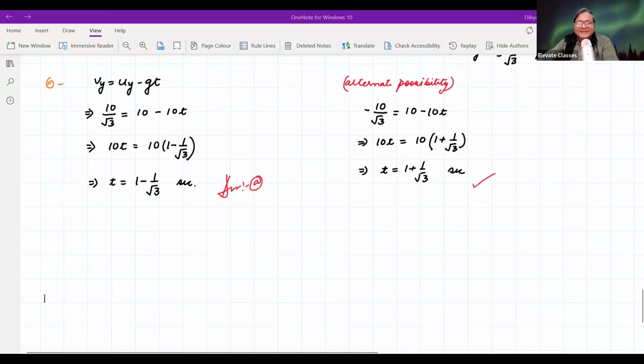Let me give you a little bit of a similar question, which is not 100% similar, but more or less.